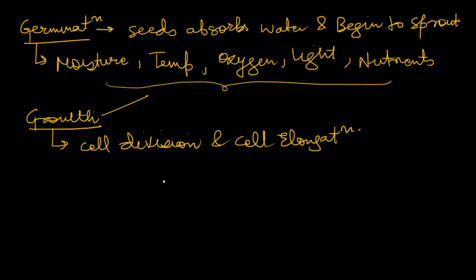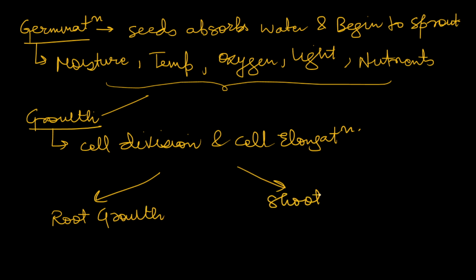So growth is generally divided into two types. First one is the root growth. Second is the shoot growth. Root growth is the growth of roots. With the growth of shoot, the root needs to grow because the plant needs to absorb a higher amount of minerals and water.